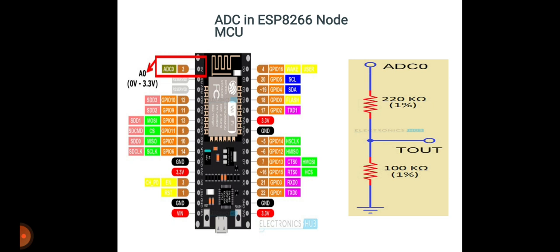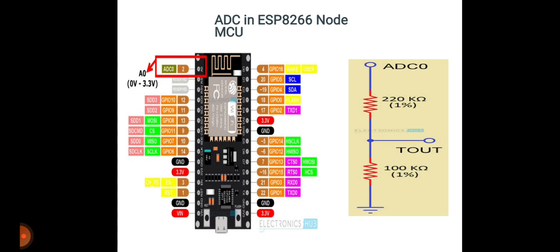Additionally, Node MCU takes care of the input voltage range limit of 0 volt to 1 volt. To be more user friendly, it accepts 0 to 3.3 volt for the A0 pin only. Here you can see in the figure that the A0 pin has a voltage range of 0 volt to 3.3 volt.